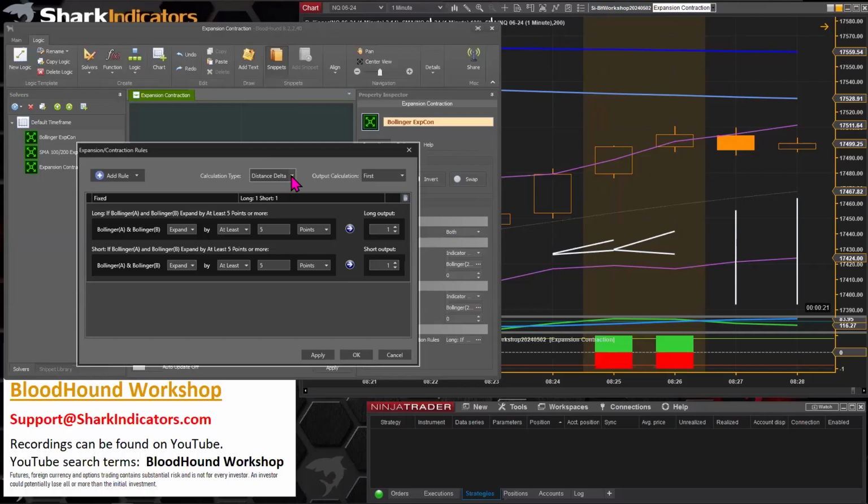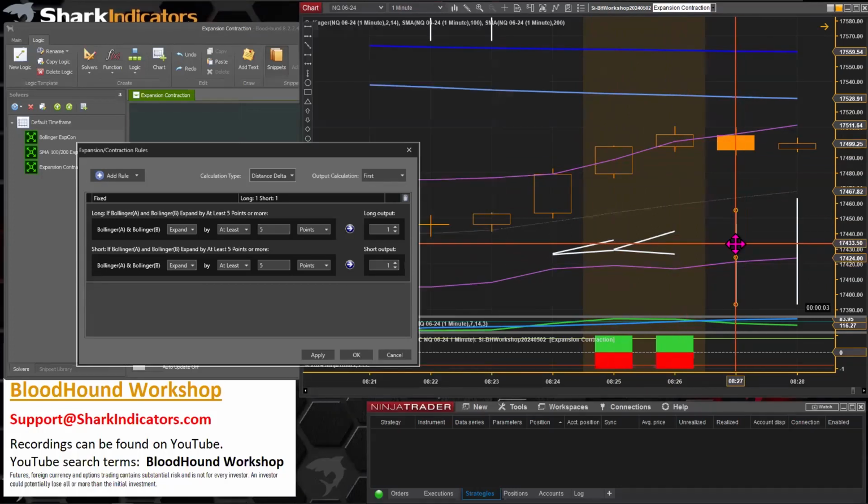Just to recap, with distance you're literally measuring the distance, in other words the y-axis, between input B and input A, and comparing those two lengths, whereas the slope requires an extra bar, in other words 3 bars, because to get to slope you have to go from one bar to the next.